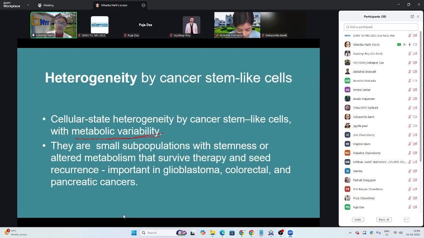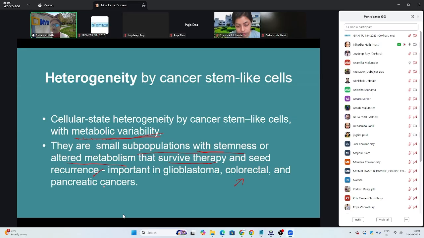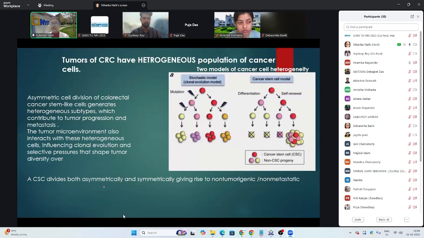These stem cells are a subpopulation with a slightly different metabolism, and they will keep on making different kinds of tumor cells of different clonal types, and some of them will survive therapy, some of them will just not listen to the drug. So some of them will keep on coming back. And this is found in colorectal cancer, in brain cancer, and in pancreatic cancers. At least they're important in them. So let's look at this now with a diagram.